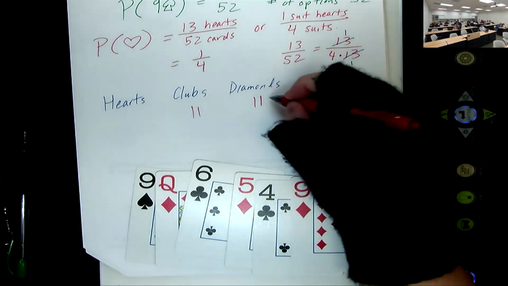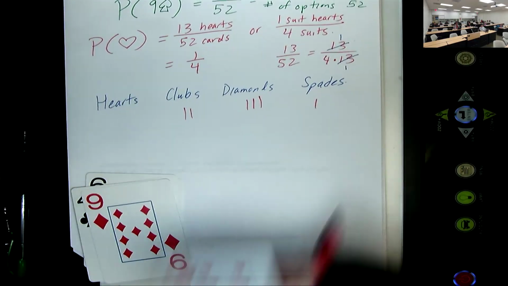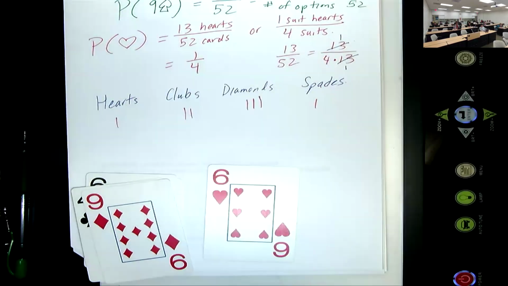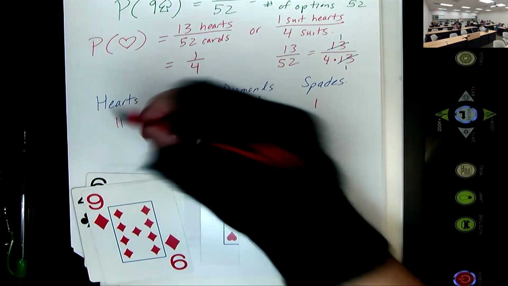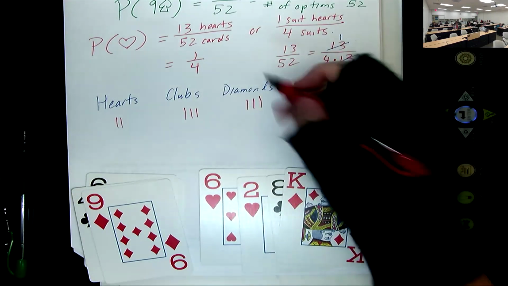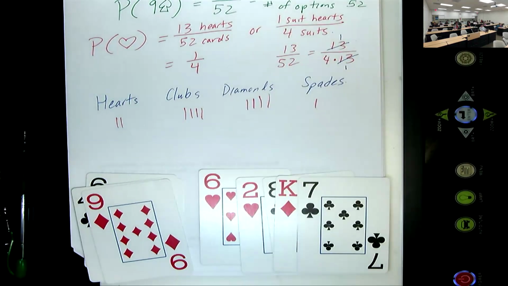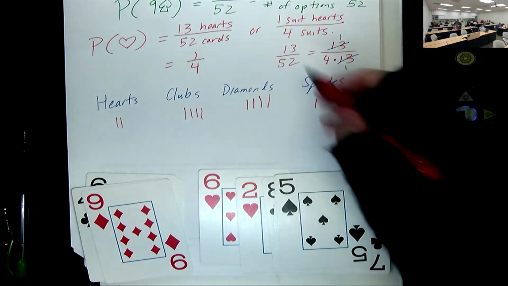Got another diamond. I'm at 6 more. Heart. Heart. Club. A diamond. A club. A spade.